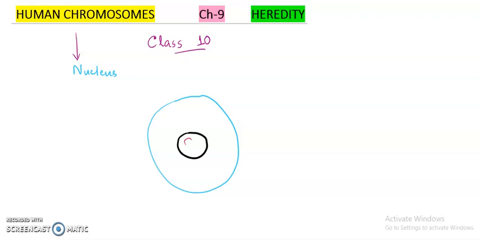It has a thread-like material known as chromatin material. Chromatin is always seen in a non-dividing cell. This is very important to know: in a non-dividing cell we always observe chromatin.